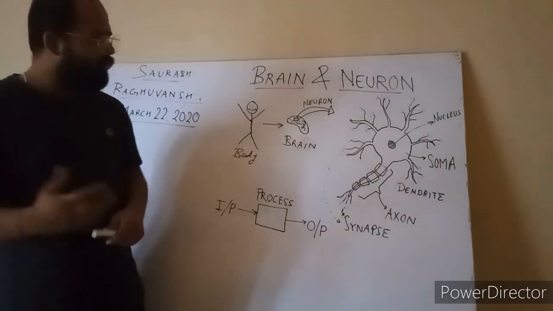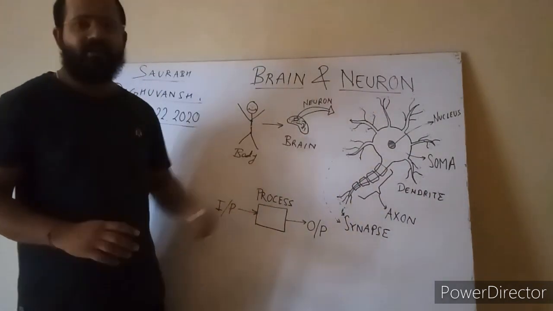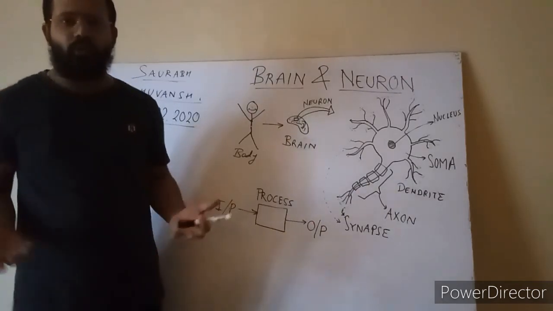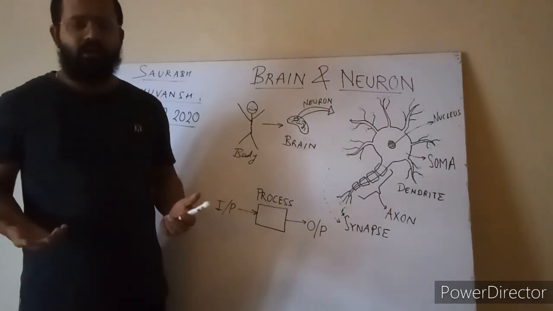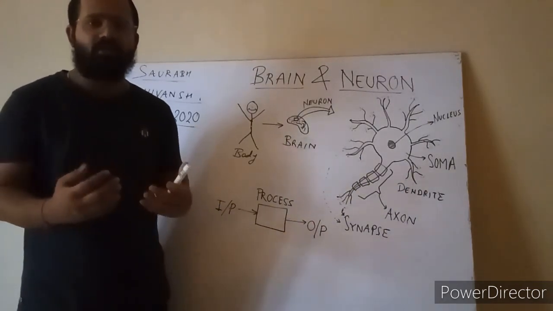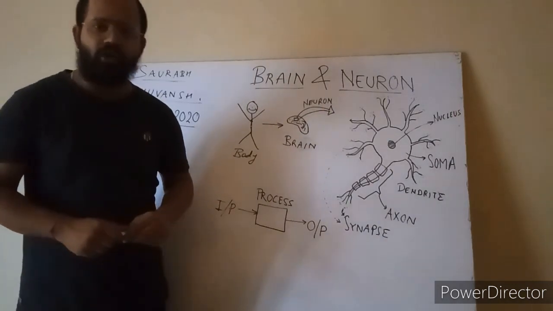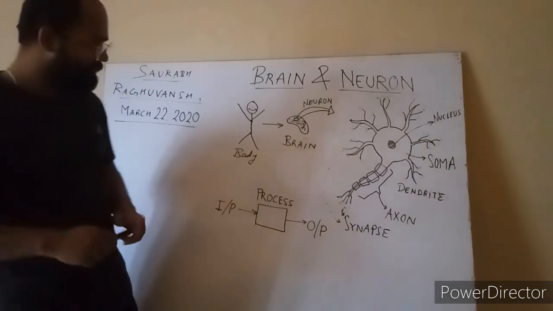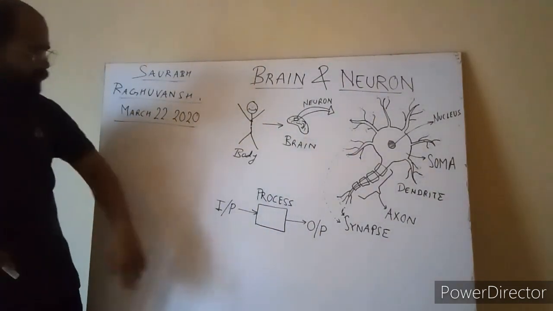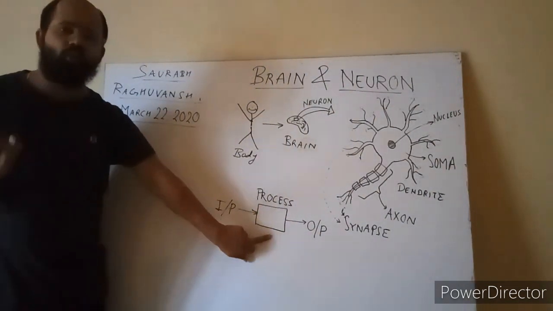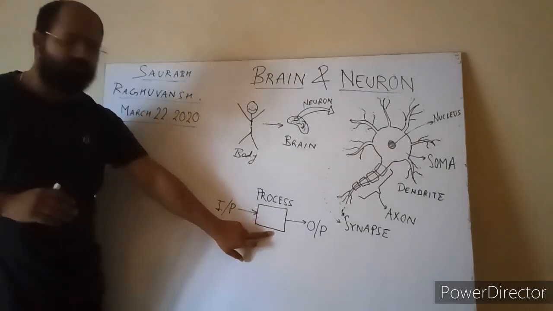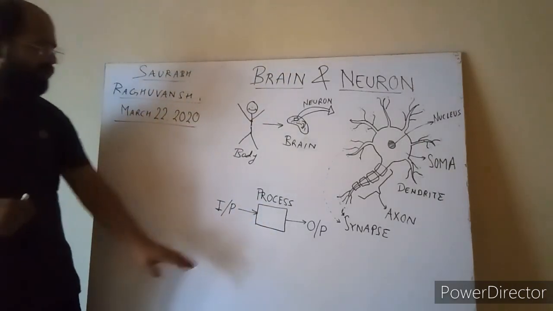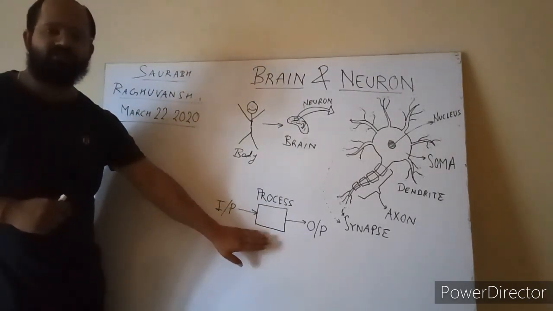Now, let's create an analogy between the neural network and a real-time system which we know. Let's say I want to know about some system, how it works. Then what will we do? Think about it. Assume that this is a box which we don't know how it works. So how will we get to know the functioning of this block?